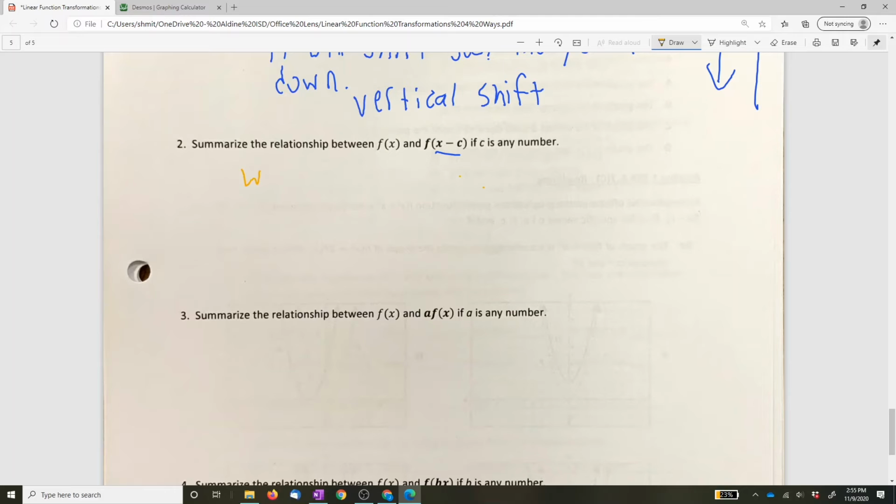So when adding, okay, so let's just put it right here. f of x plus 3. When adding, like in f of x plus 3, the graph shifts. A plus 3 will shift the graph left.